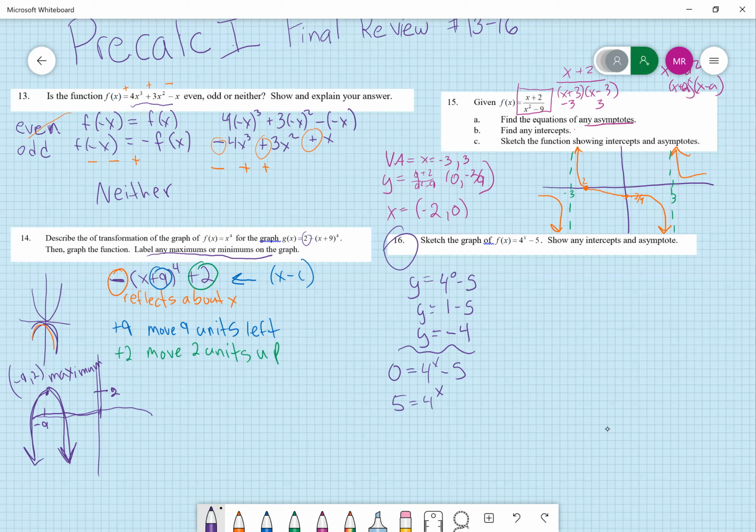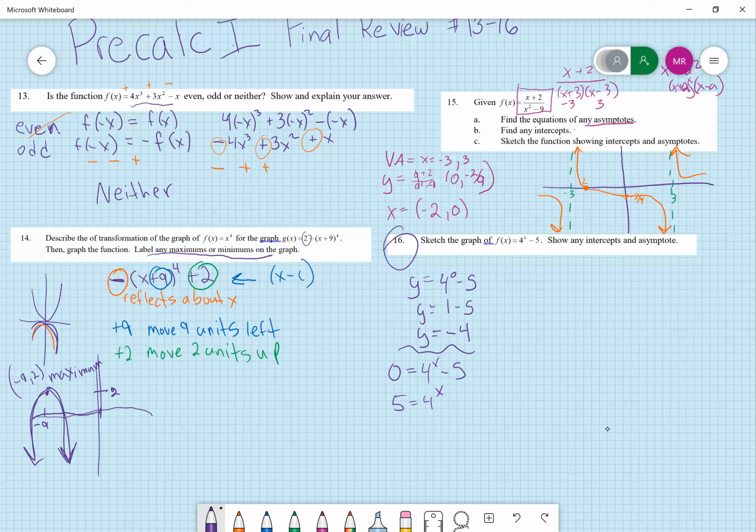I don't know what this is specifically, but it's somewhere above 1. 4 to the 1 is 4, and 4 squared is 16, so we're pretty close to 1 point something.